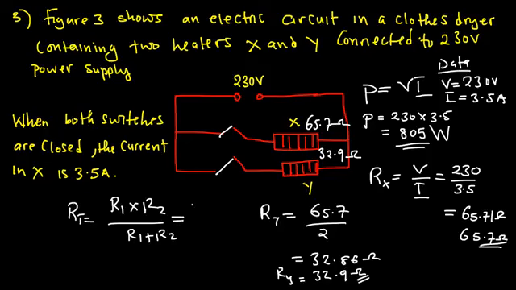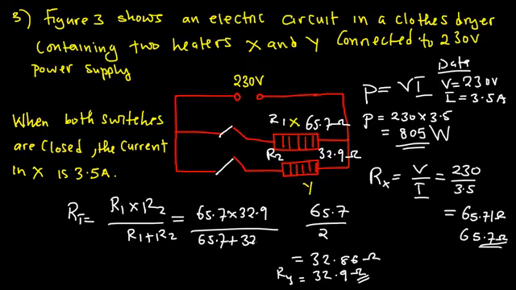So let us put this one R1, and this one R2. We are going to multiply 65.7 multiply 32.9, divided by 65.7 plus 32.9. On top there, what are we going to find?